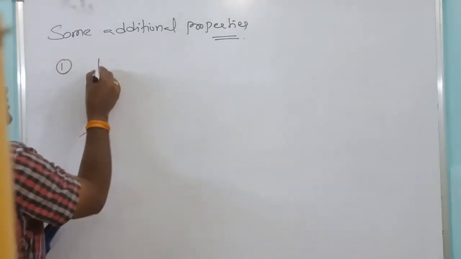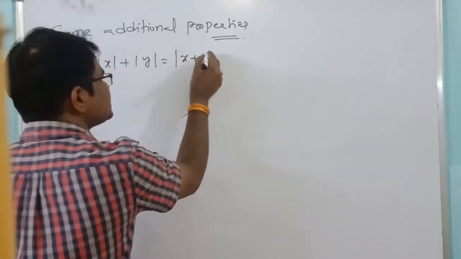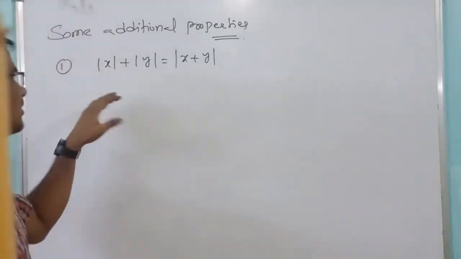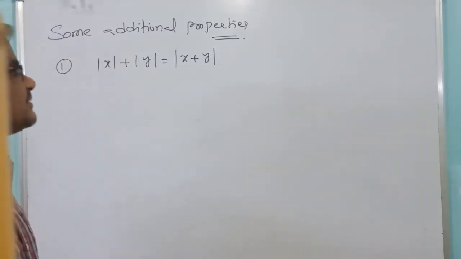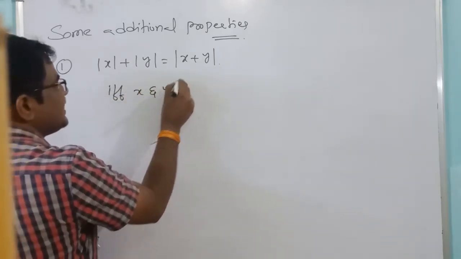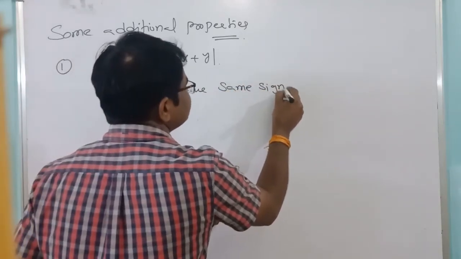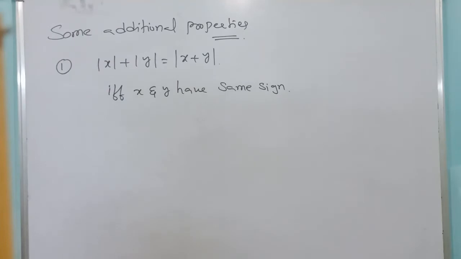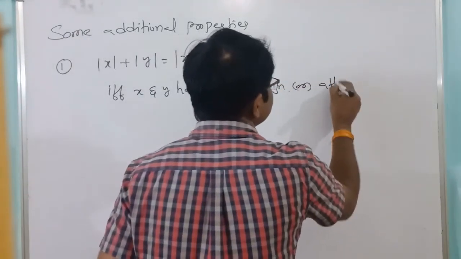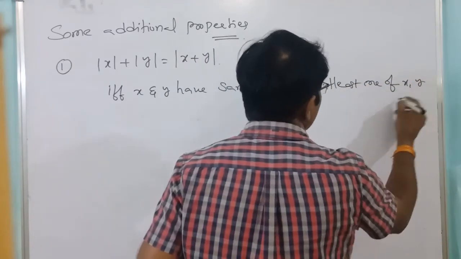First one is modulus of x plus modulus of y equal to modulus of x plus y is there. When it exists, modulus of x plus modulus of y equal to modulus of x plus y if and only if x and y have same sign, or at least one of x comma y is 0.